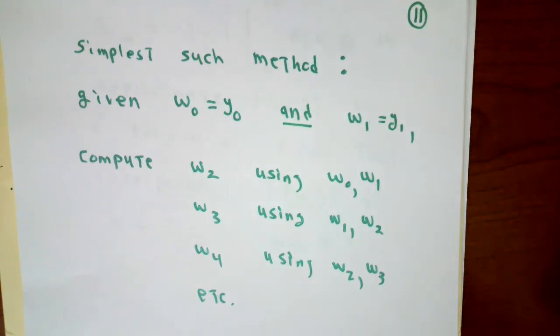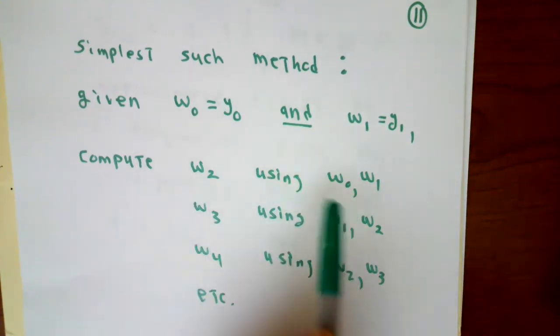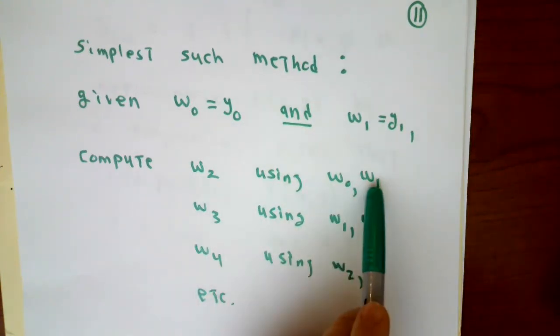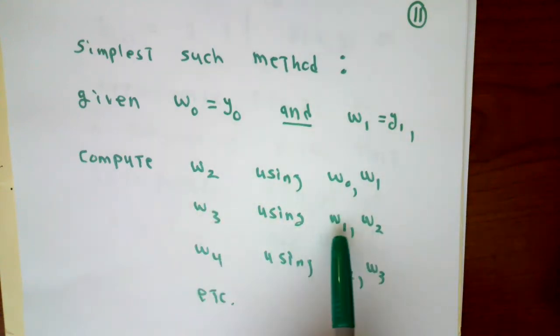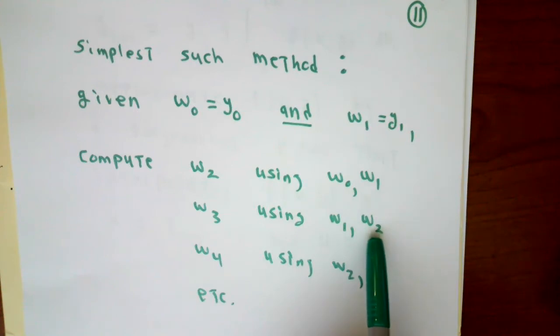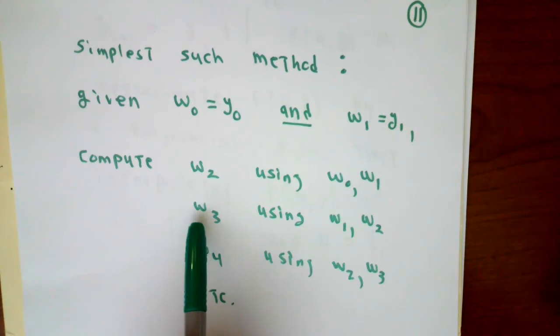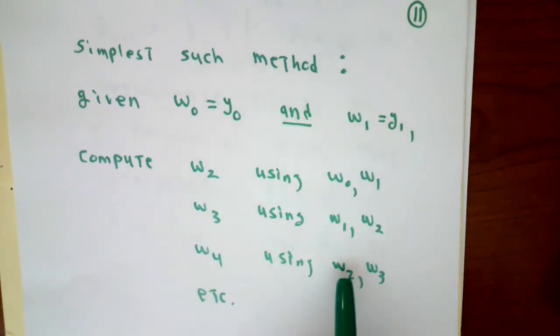After that, we're going to use W0 and W1 to get an estimate for W2. We'll use W1 and W2, which we just figured out, to get an estimate for W3. Then we'll use W2 and W3, which we just figured out, to get an estimate for W4, and so on.